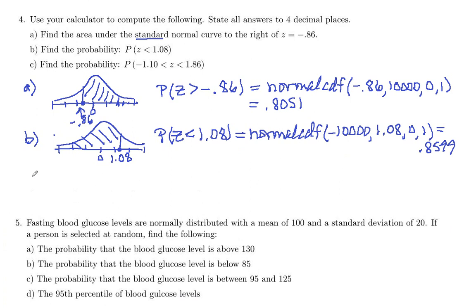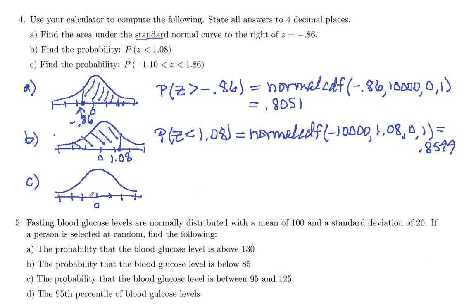And then part C, probability z is between. So we sketch that distribution here. z equals 0 in the middle, 1, 2, 3, 1, 2, 3.